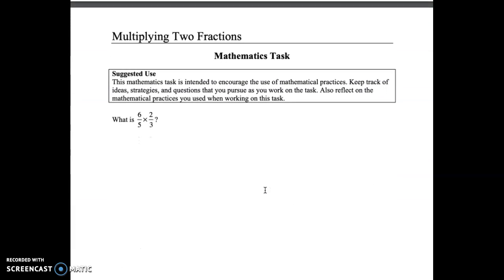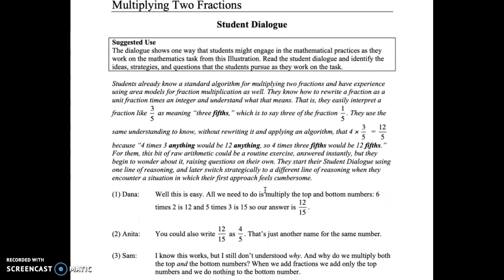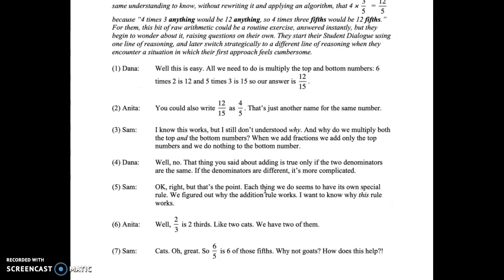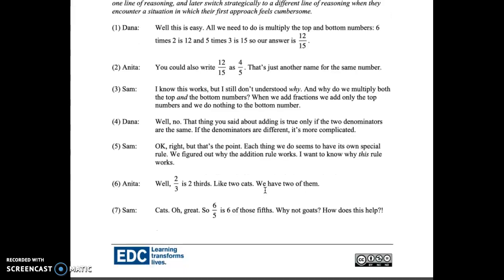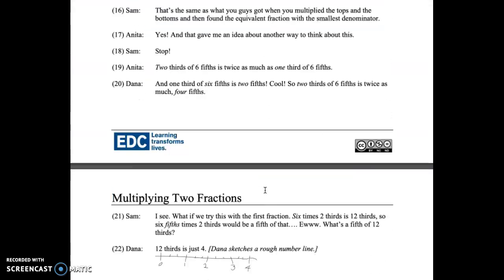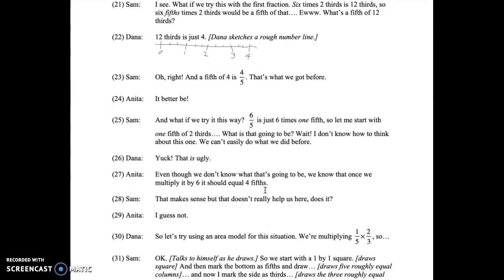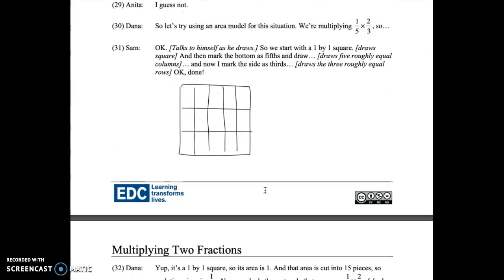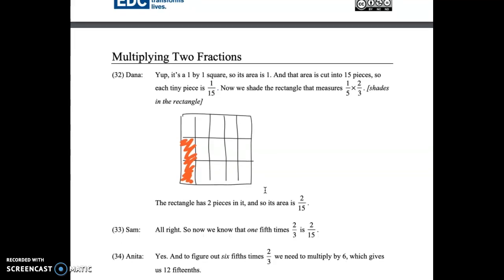As we go down, it looks similar to our workbook in a lot of ways, in that it takes you through the dialogue of what one would say. Multiplying two fractions walks you through and shows the illustrations.